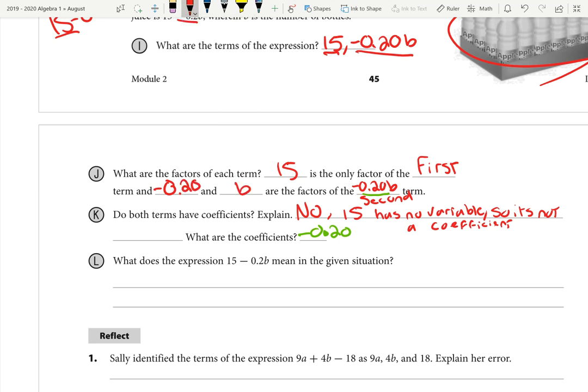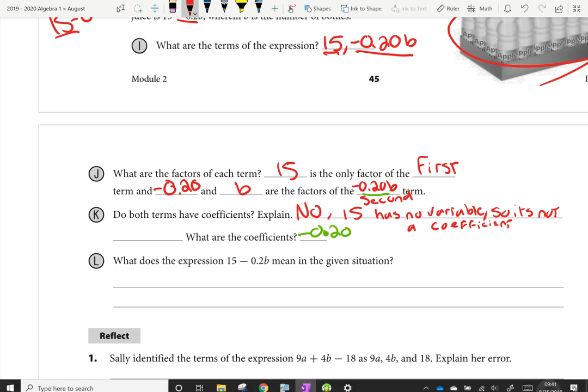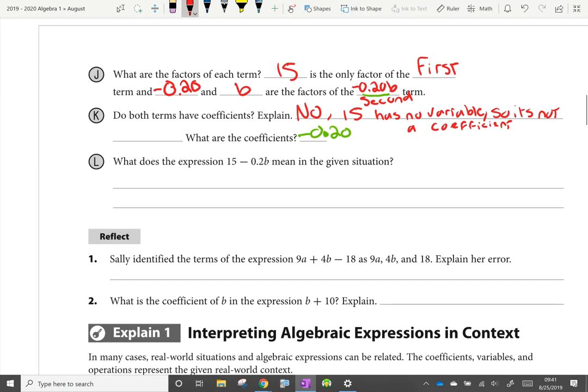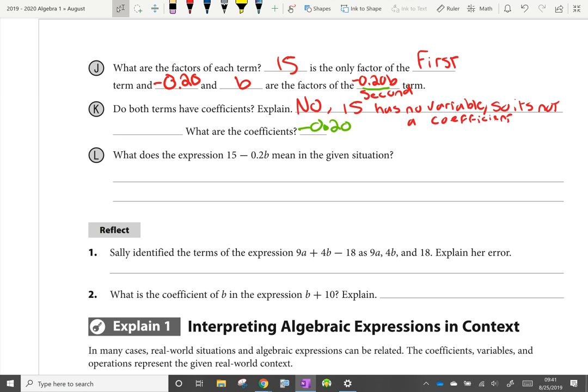All right. What does the expression 15 minus 0.2b mean given the situation? So I've mentioned this at the beginning again. I always think this is a better thing to answer up front than at the end.